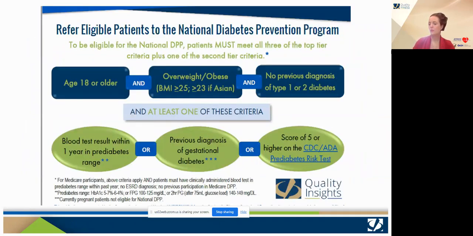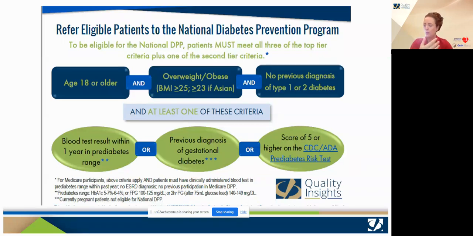So here we have the define eligibility step. We've educated our staff, we've educated our patients. Now how do we define the eligibility for who can participate in a national diabetes prevention program?